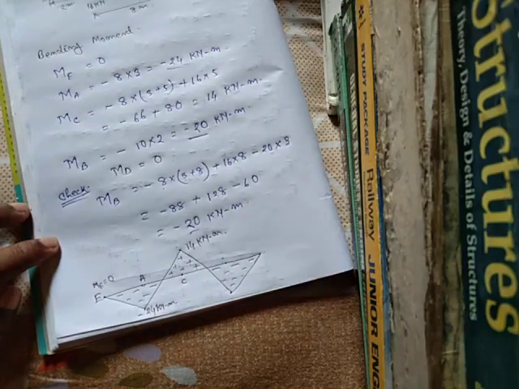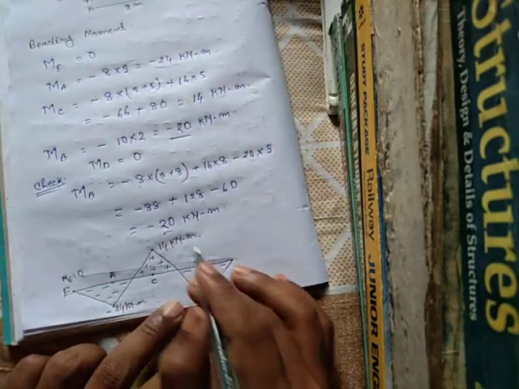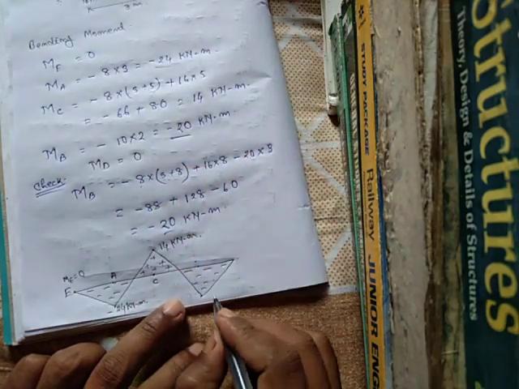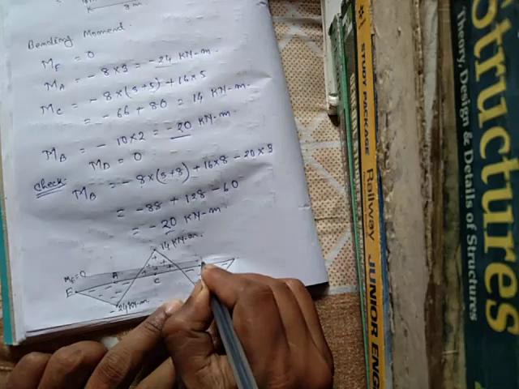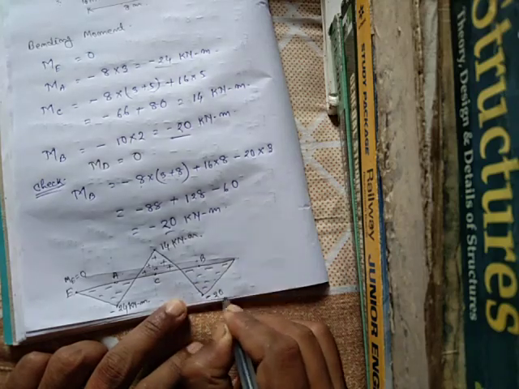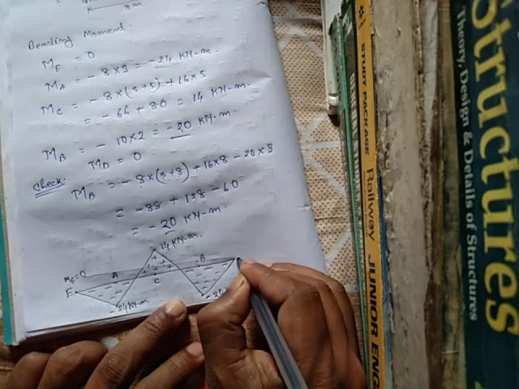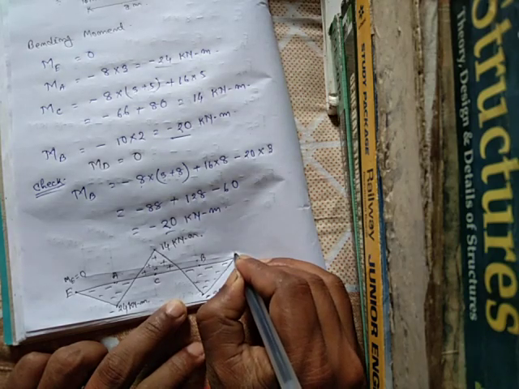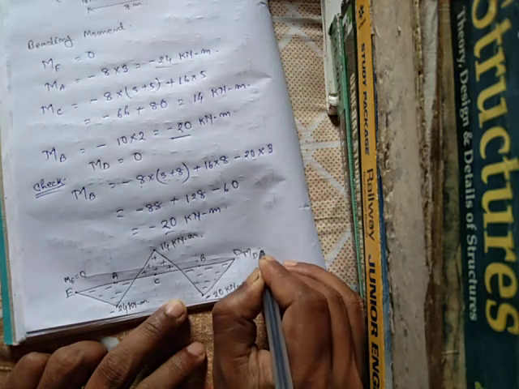Bending moment at point B is minus 20 kilonewton meter. And bending moment at point D is equal to 0.